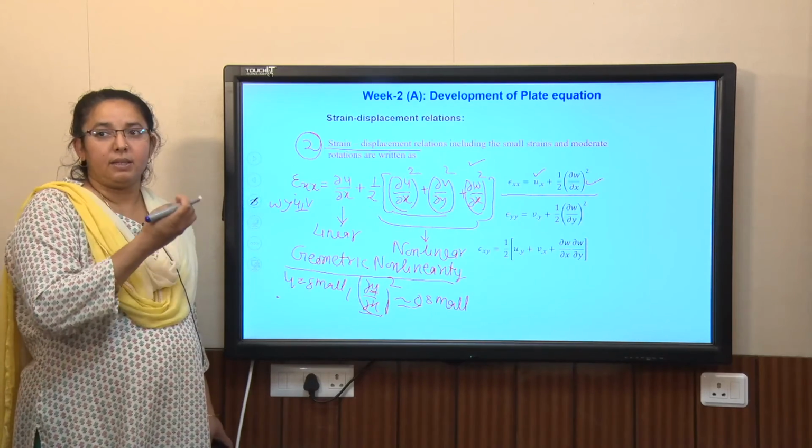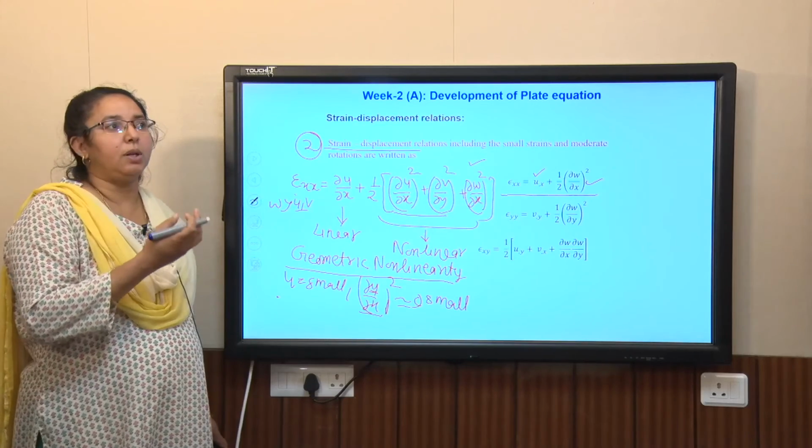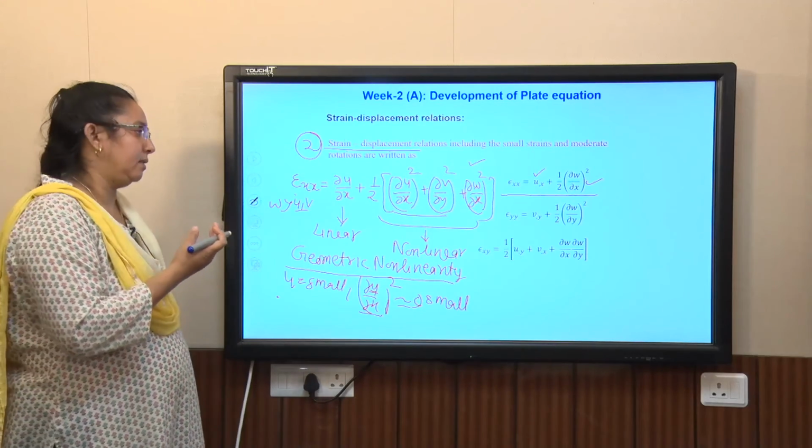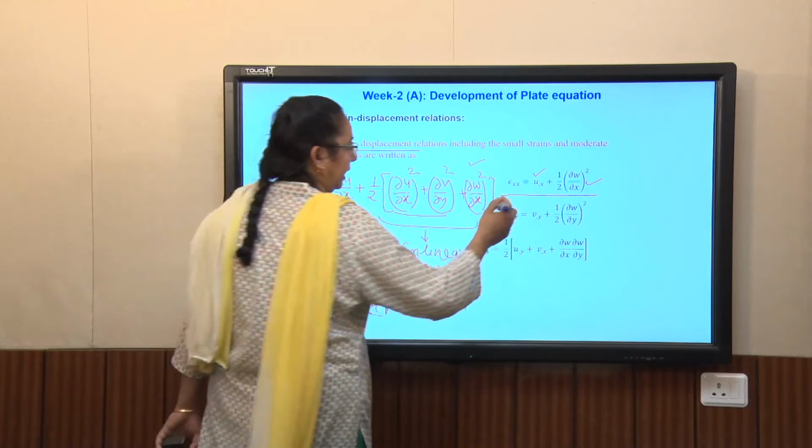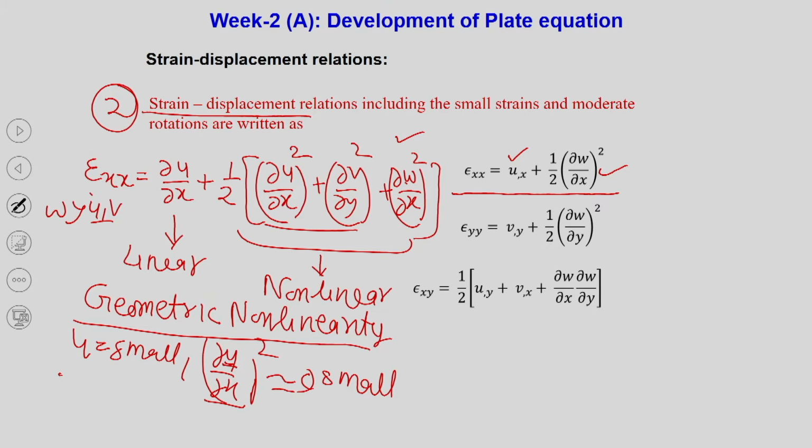So a small term equivalent to the w comma x rotation exists, and we take care of this. So in epsilon xx you have 1, 2, 3, 4 terms, out of which we have chosen 2 terms. Maybe later on, or these days, you may choose all.